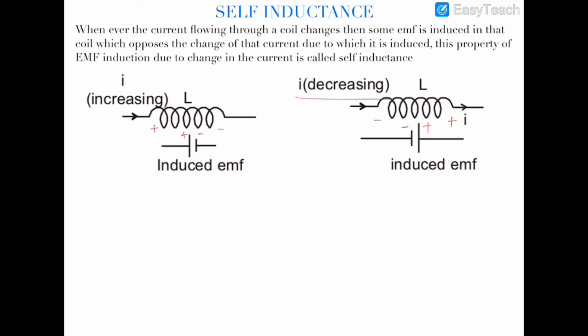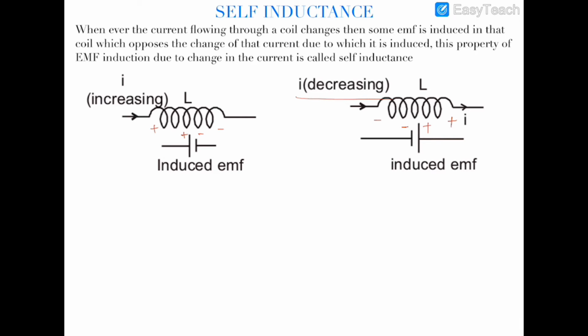So the polarity of this induced EMF would be such that this terminal is negative and this one is positive. Conclusively, whenever the current flowing through an inductor coil is changed, some EMF is induced in that coil due to that changing current. Therefore the induced EMF will oppose the change in current.